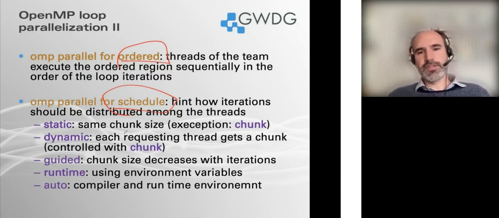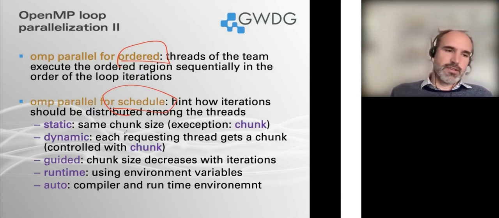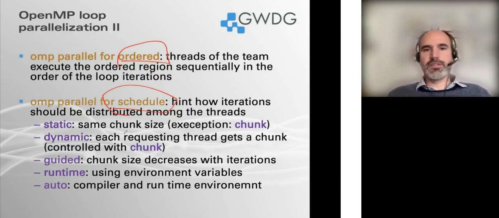Not necessarily that you have the same amount of chunks as threads. The chunk size depends more or less on the problem. It depends on the runtime environment. So chunk size is not given by the number of threads, but it's equally distributed if you use static.